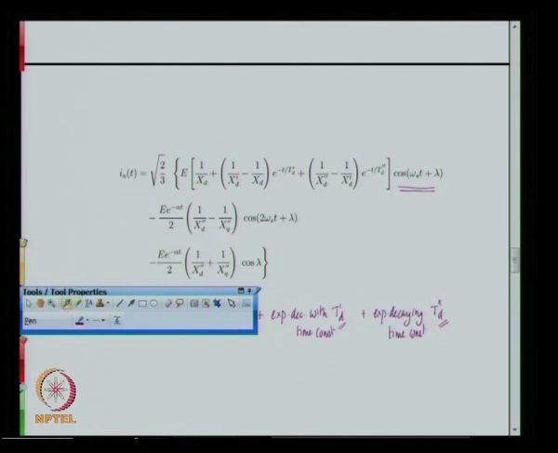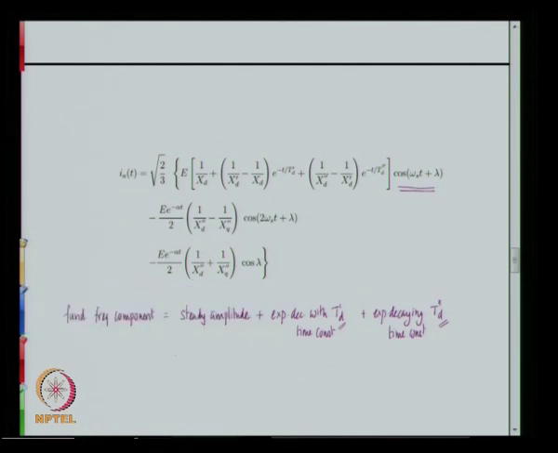Further, the expression for Ia of t has a double frequency component which depends upon the difference of xd double dash and xq double dash. This part obviously can be written as xq double dash minus xd double dash divided by xd double dash into xq double dash.